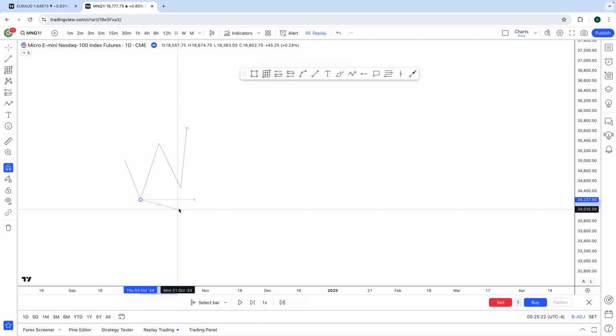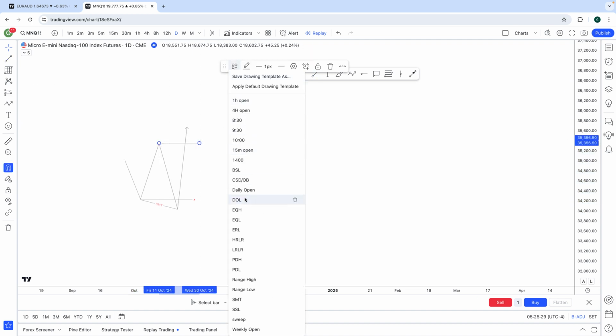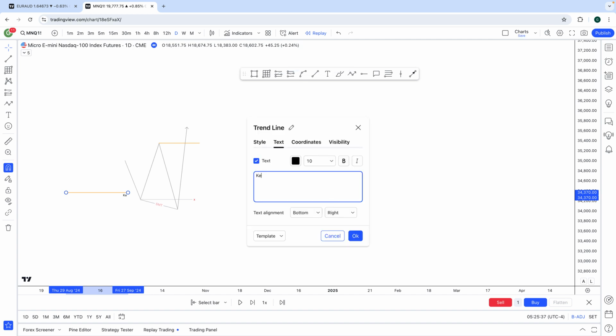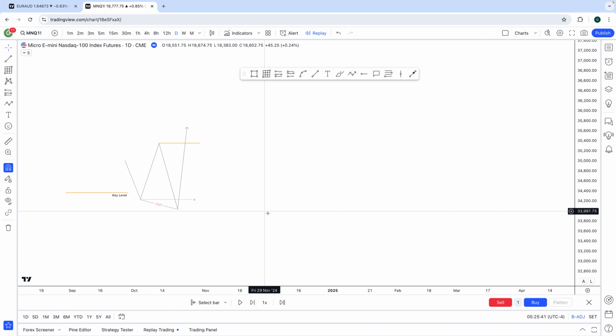So either or. And the change in state of delivery is your order block. And again, once a key level has been engaged for all of these. Key level being a fair value gap, another high probability order block, or a higher low, okay?